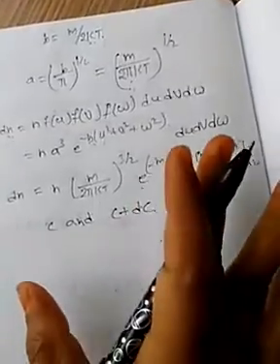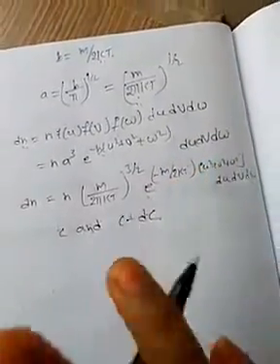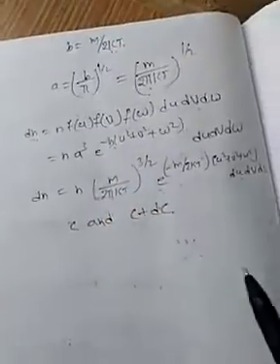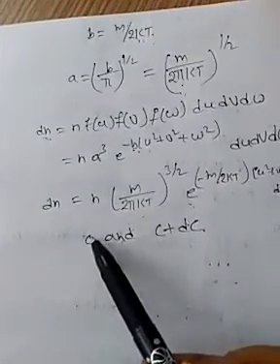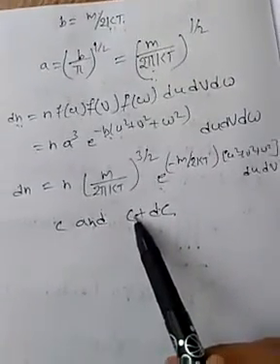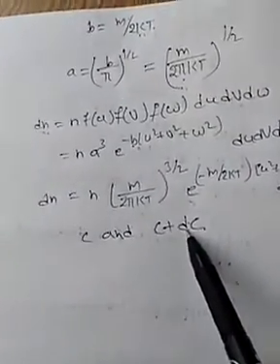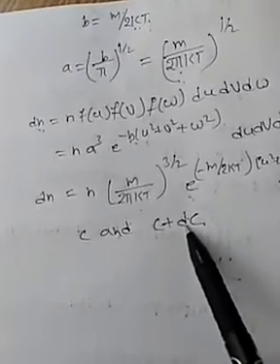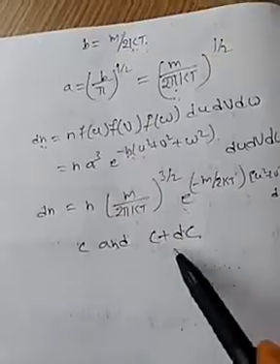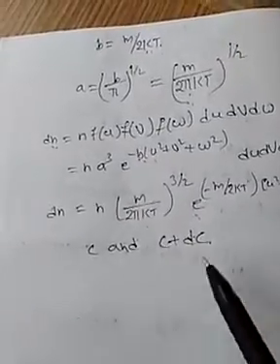Here we are considering two concentric spheres first. What are those concentric spheres? One has the radius C and the other sphere has the radius C plus dc. So again, we consider the space between those two spheres.